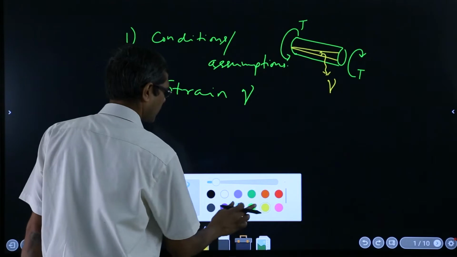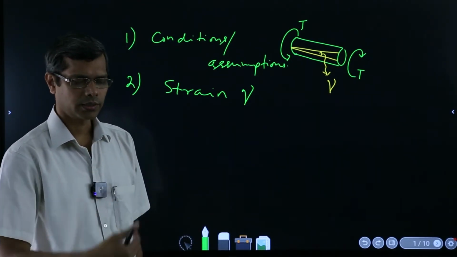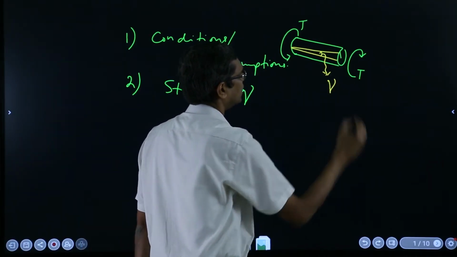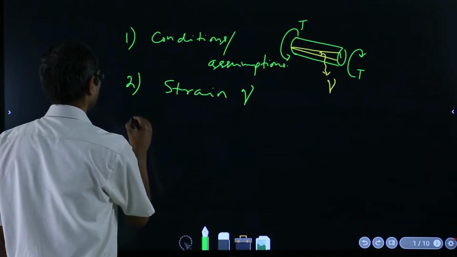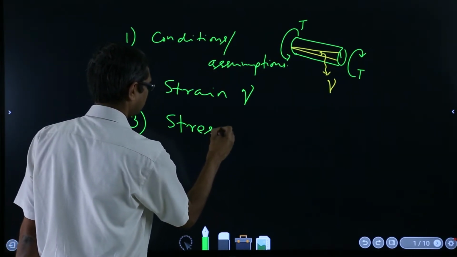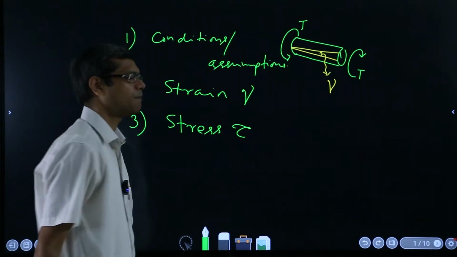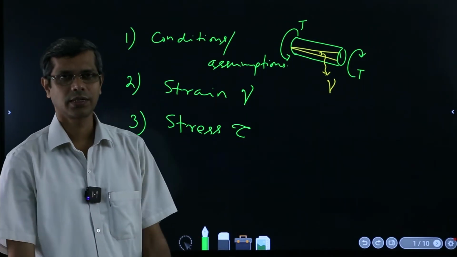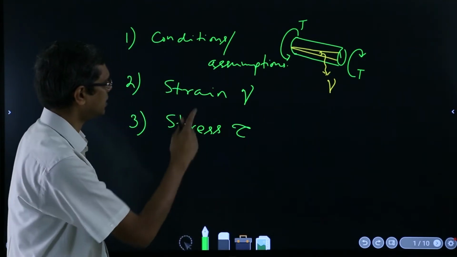Then we discussed its variation over the radius, when we move from the center to the circumference, how this gamma changes. Based on that, we also discussed the stress, tau, and the state of stress that exists under such a condition.